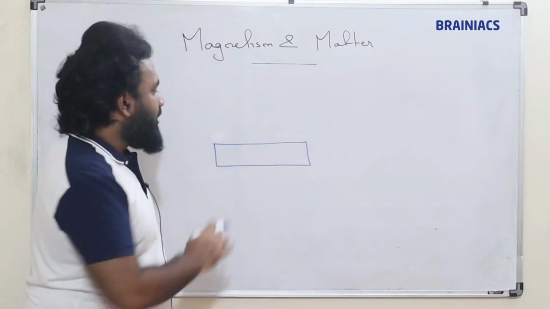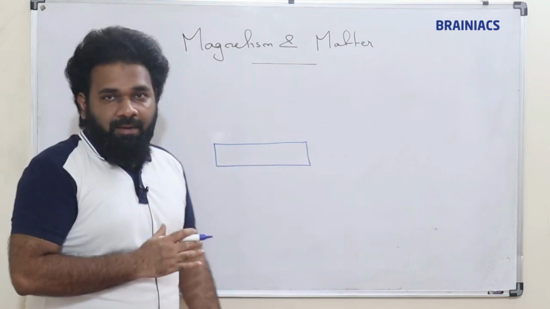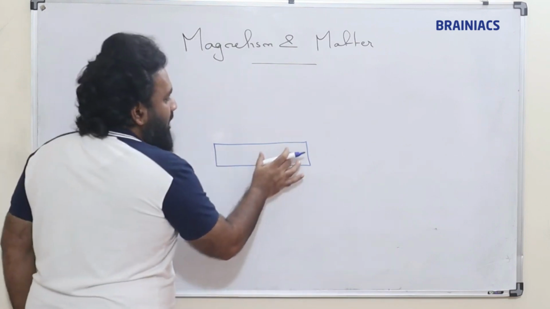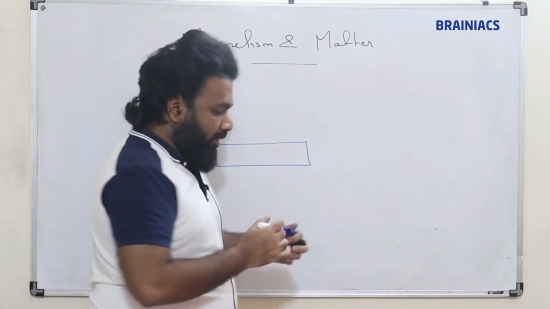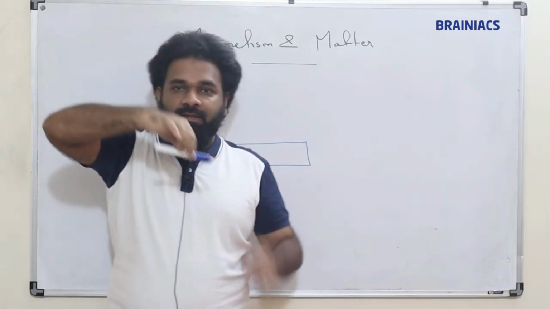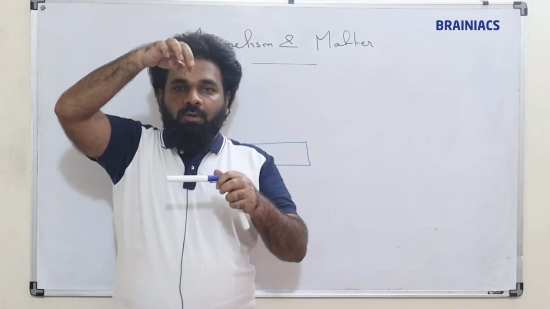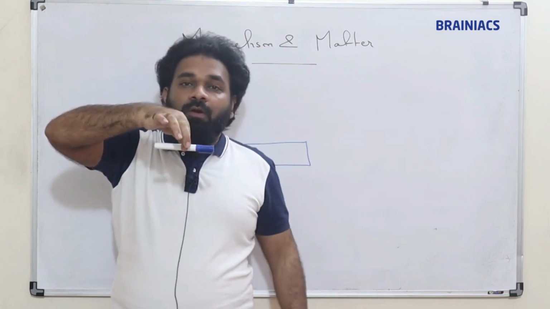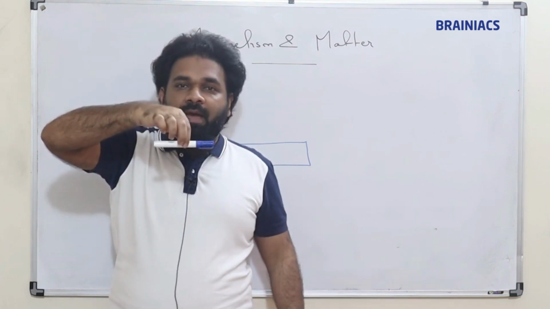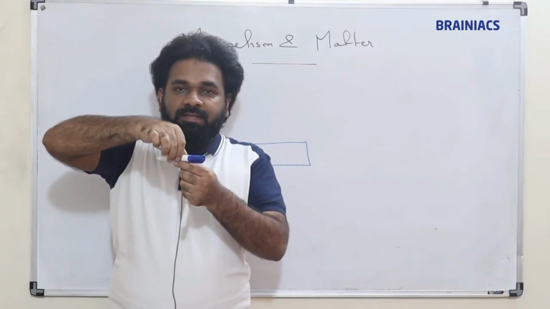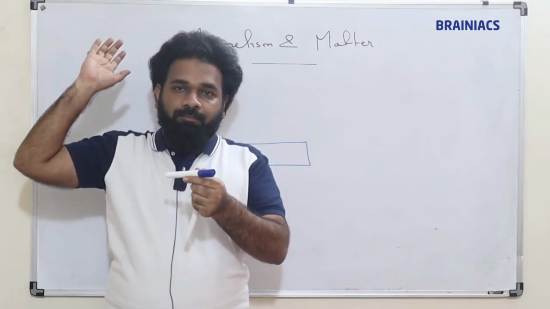Now suppose we suspend a bar magnet, it will orient in a particular direction. Suppose this is a magnet and I am suspending it using a thread. It will not stay in the direction I place it. It will rotate and settle in some particular direction.